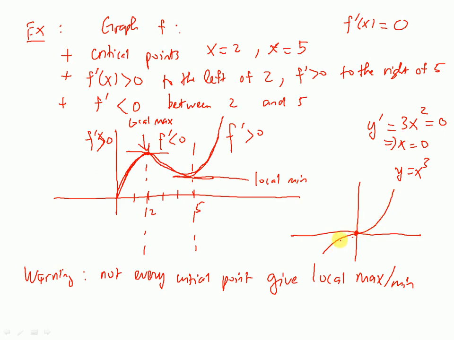So in this function, this critical point is not a point where the function changes from increasing to decreasing. It's increasing all the time. So make sure that you pay attention. Not every critical point will give you the local maximum or the local minimum, as in this case. And this is a good example.